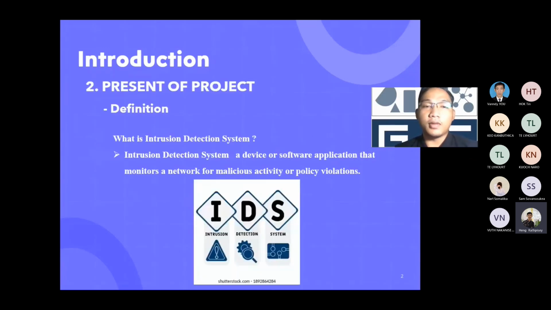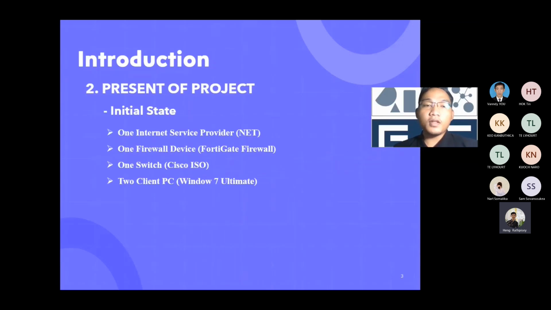The definition of my presentation topic: what is an intrusion detection system? An intrusion detection system is a device or software application that monitors the network for malicious activity or policy violations.